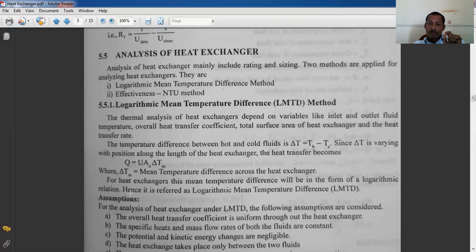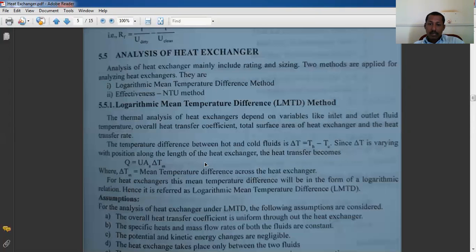The temperature difference between hot and cold fluid is given as delta T. In some cases, it is taken as theta, where theta is equal to TH minus TC, the difference in temperatures of the hot and cold fluids. In a heat exchanger, we are studying only hot and cold fluids. Now delta T varies with position along the length of the heat exchanger.